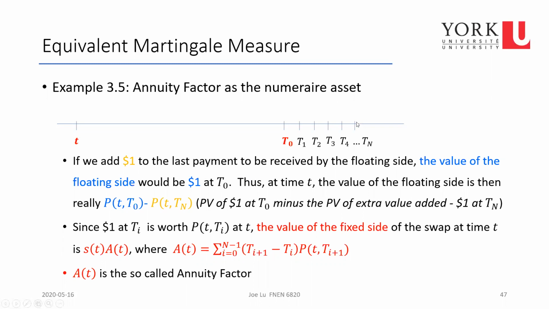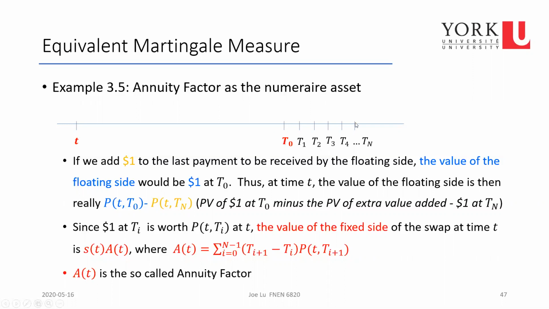Because of that, we know that if we have $1 here on the floating side, then we discount all the floating payments, and in between, we're receiving the interest on the dollar based on the floating rate. So that particular contract, which is a contract for the floating side, will have a value of $1 at this T naught here.